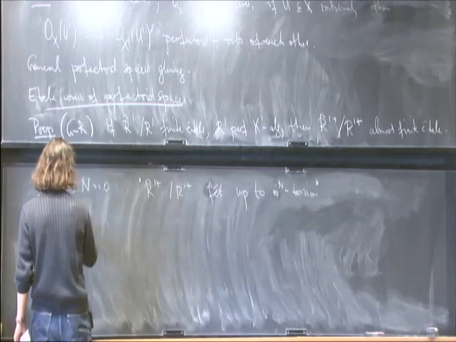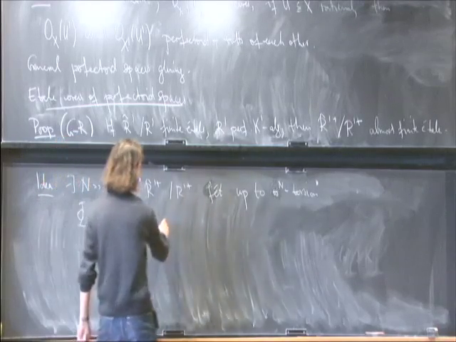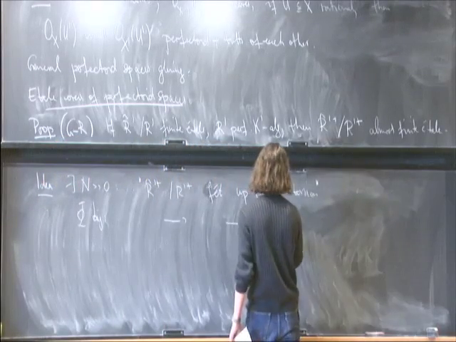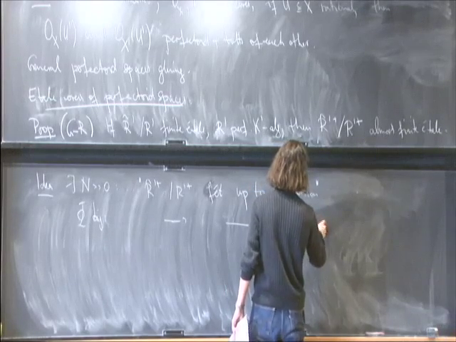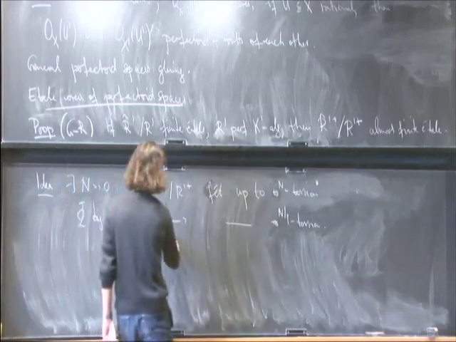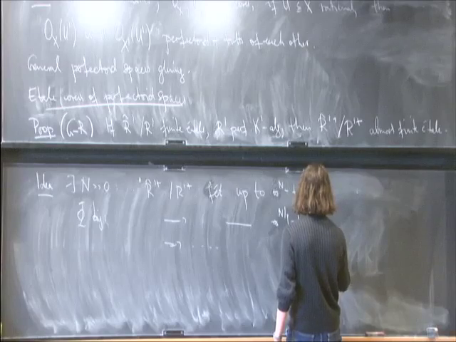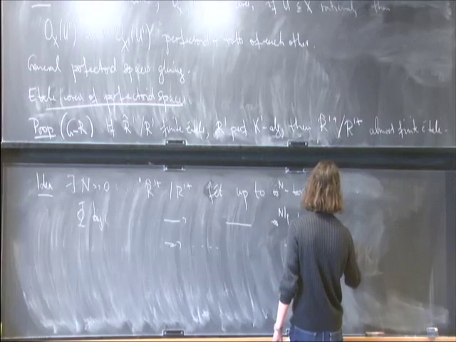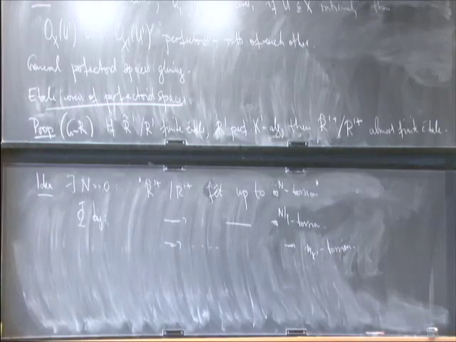But because phi is bijective, this implies that it's already true up to pi to the n over p torsion. Then you keep going, and in the end you get m_K prime torsion. So that's roughly how the proof proceeds.